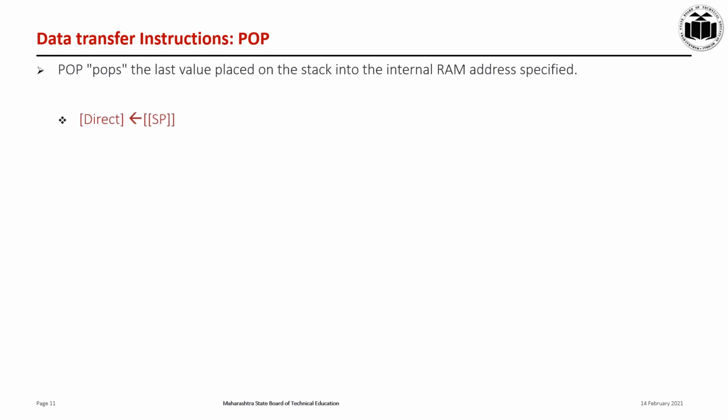This instruction first loads the internal RAM address with the value of the internal RAM address pointed by the current stack pointer, and then stack pointer is decremented by 1.